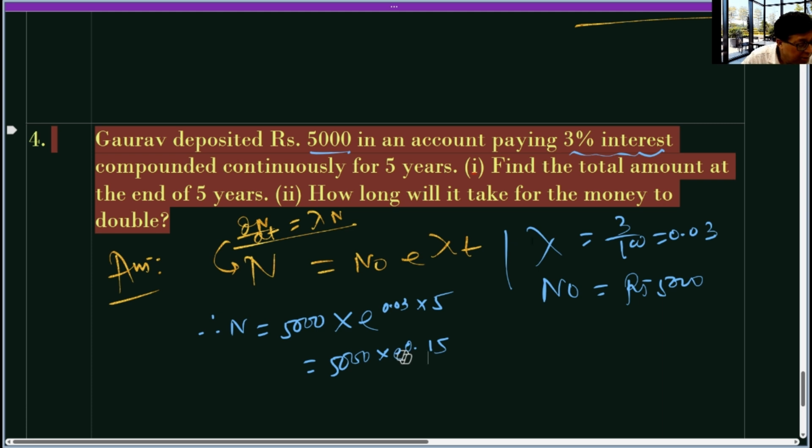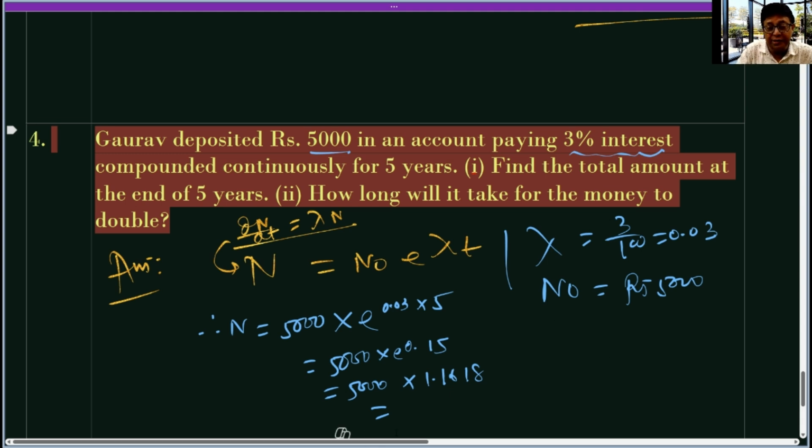You got that e to the power 0.15 coming to be 1.1618. Okay?